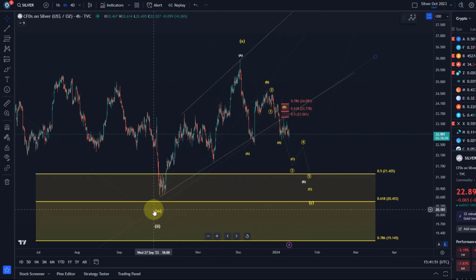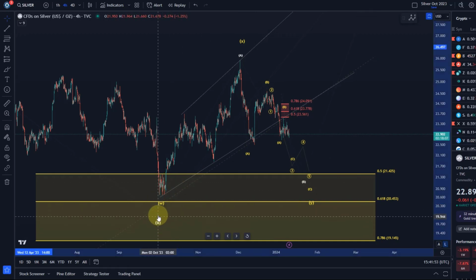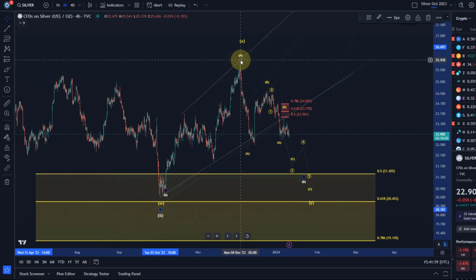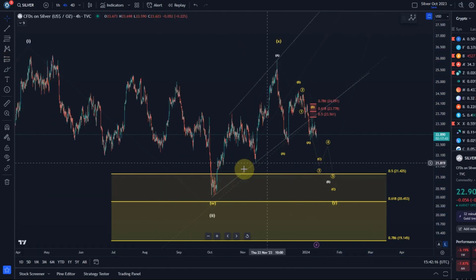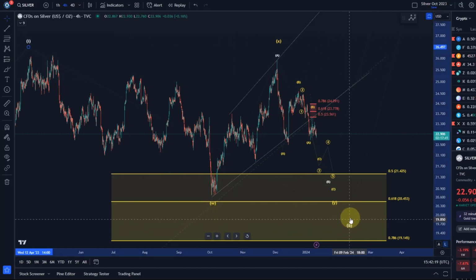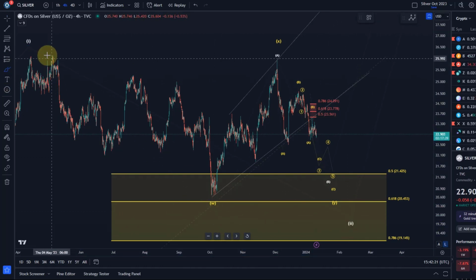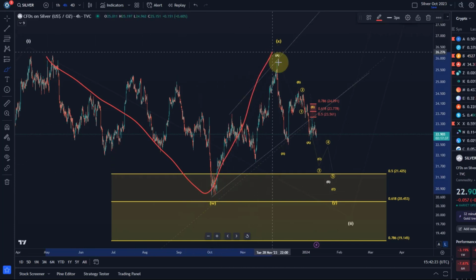The idea at the moment is that a wave 2 could have completed here in October. The problem is this is not a 5-wave move up. I can only read this as a 3-wave move, which means that in the yellow count, this is a very much extended wave 2. The wave 2 eventually could finish here, and the move was a W, X, Y structure.